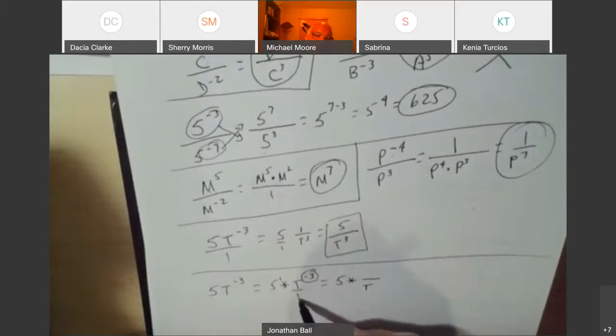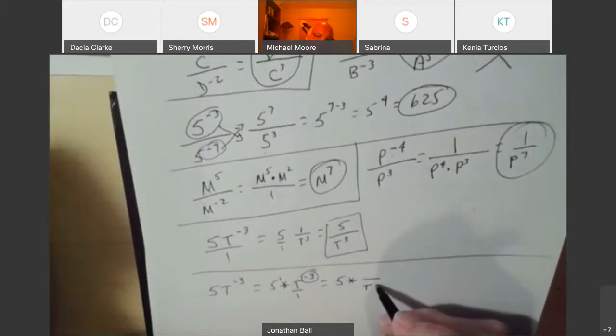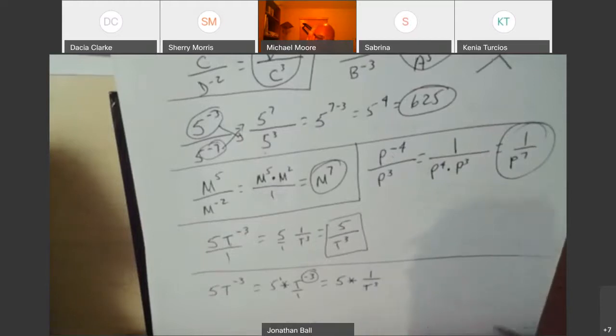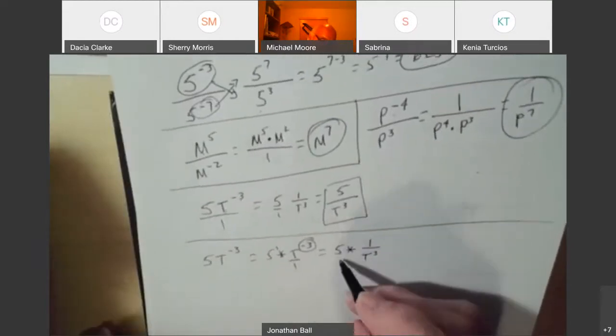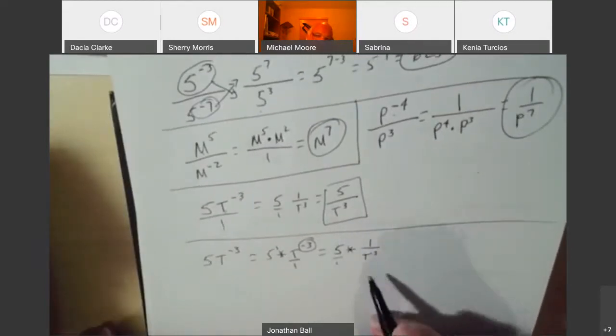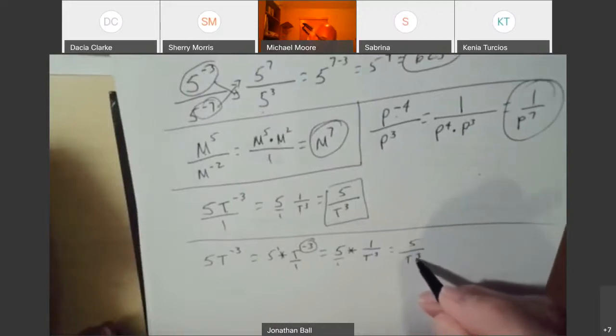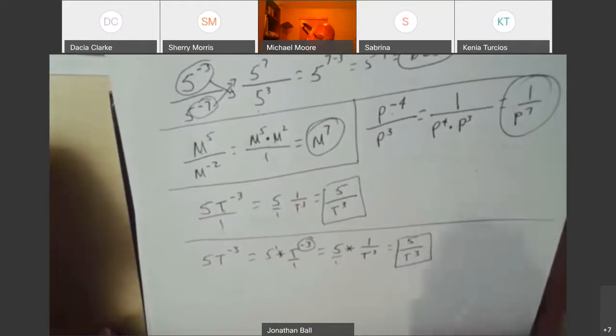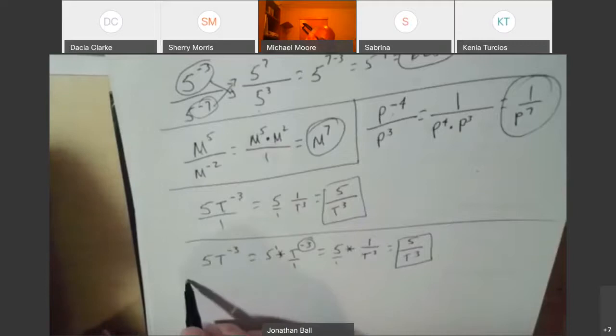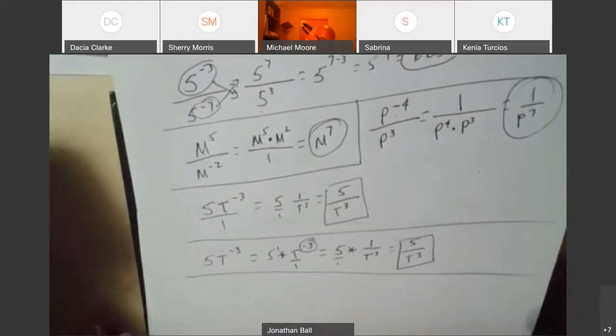It has to go to the bottom. Very good. And don't forget there has to be a 1 in the numerator. Now 5 is actually 5 over 1. Now we multiply straight across and we get 5 over t cubed. Got it? Please ask questions if it doesn't make sense. Am I going too fast?